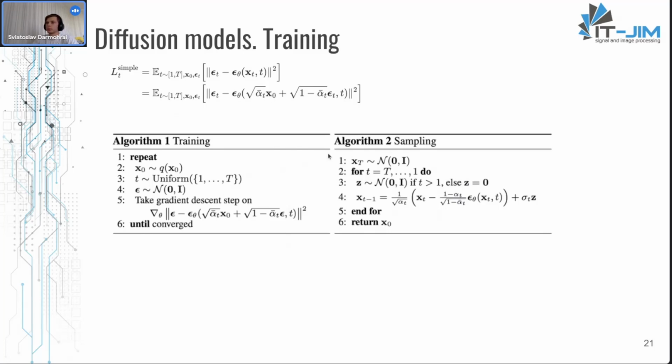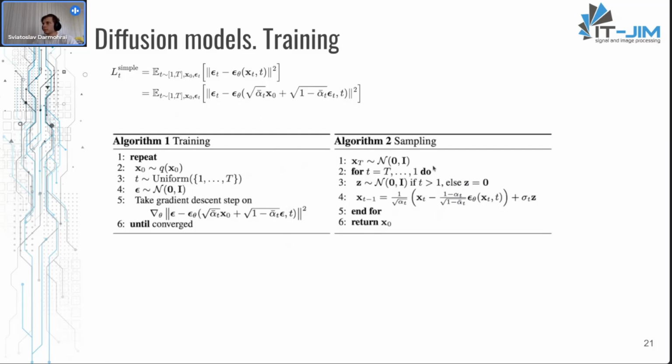Here is an example from the denoising diffusion probabilistic models paper, DDPM, and how it is trained. We have the original image, we sample a random t, then we generate noise for this t and train our model to estimate the noise that was added.